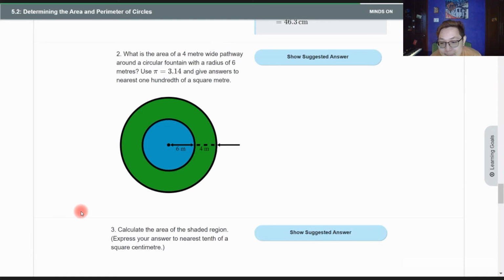Tell me. So my strategy would be... You're asked to find only the area around the fountain, so only the green area. So what would you have to do now to find that area? Be creative. Yeah, I'm still thinking about it. Okay, I'm waiting.